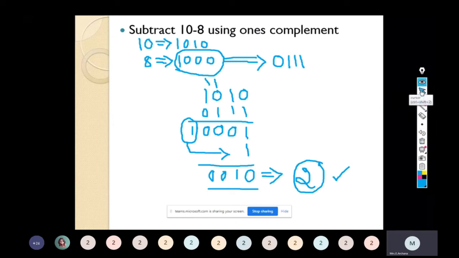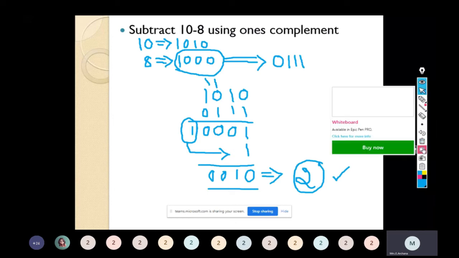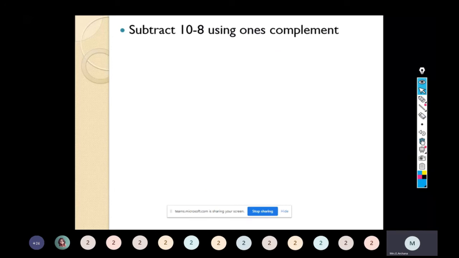Next problem. Subtract 8 minus 10 using 1's complement.